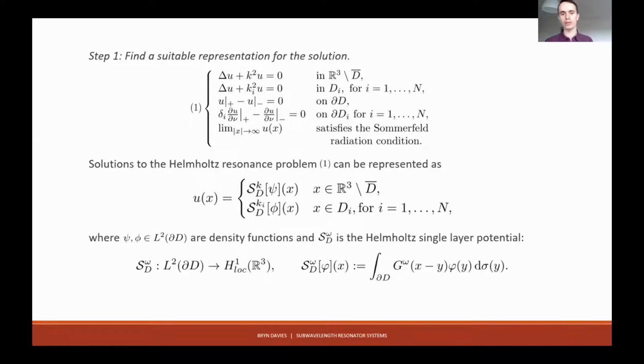And the value of this Green's function approach is that it reduces this three-dimensional wave scattering problem to one posed on the boundary of the resonators D, and it means that we're left only having to find densities phi and psi, which satisfy the two transmission conditions on the boundary.